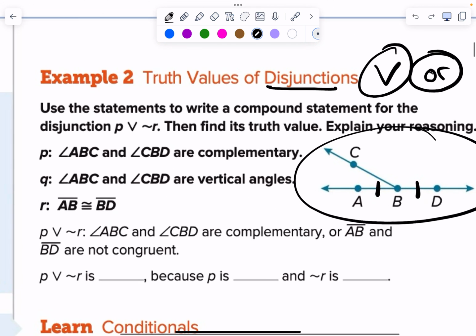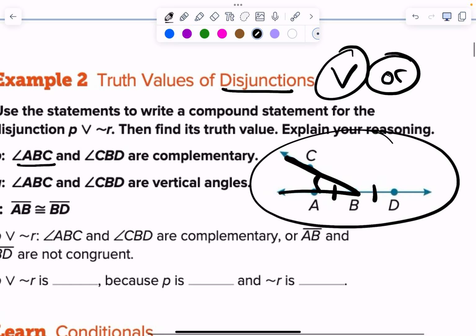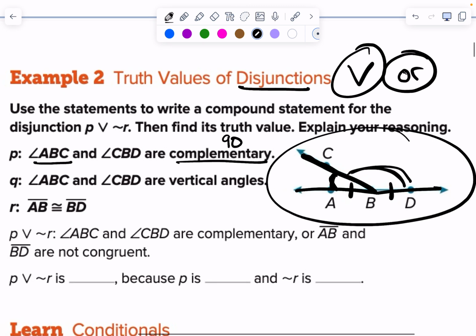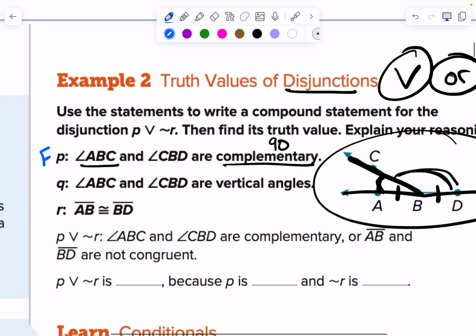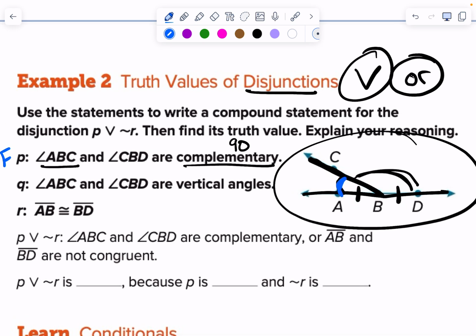Okay, let's talk about over here. It says ABC, this angle right here, and CBD, which is this bigger angle right here, are complementary. What's that mean? They add up to be 90. Does this small angle and this big angle add up to be 90? Nope. So that first statement is false. P is false. Then it says ABC, this smaller guy, and CBD are vertical angles.